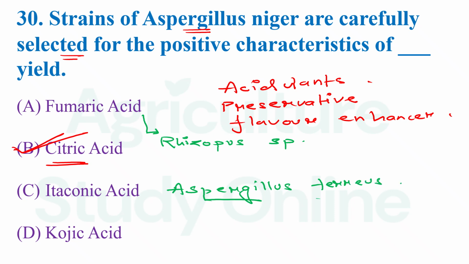And kojic acid is also from Aspergillus but not the primary industrial focus. So correct option is option number B, that is citric acid.